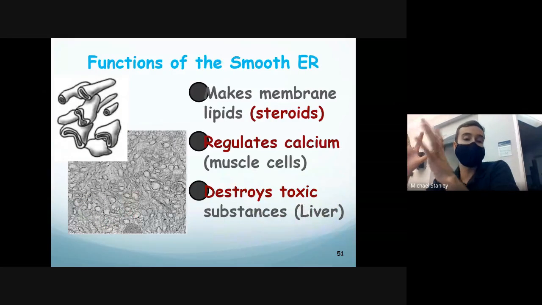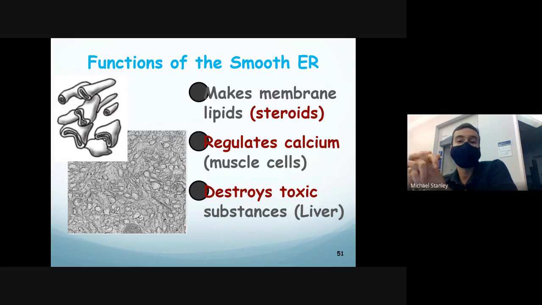All right, so those are our ER. There's the rough one and the smooth one. They tend to happen right next to the nucleus inside of the cell, and they're used to ship proteins and lipids and other molecules inside and outside of the cell.